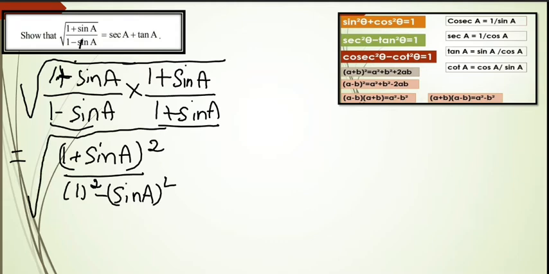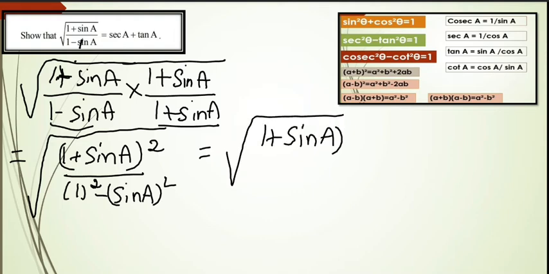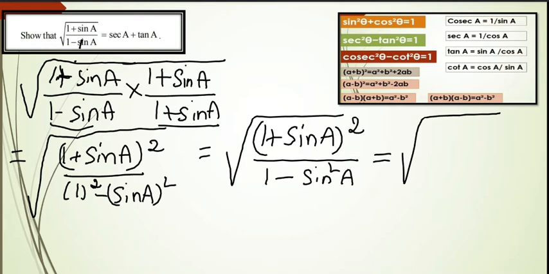Root is there. We have to follow the root. So which is equal to root of (1 plus sin A) whole square by 1 square, which is nothing but 1, minus sin square A, since (sin A) whole square means sin square A. So clearly observe: root of (1 plus sin A) whole square by (1 minus sin square A).